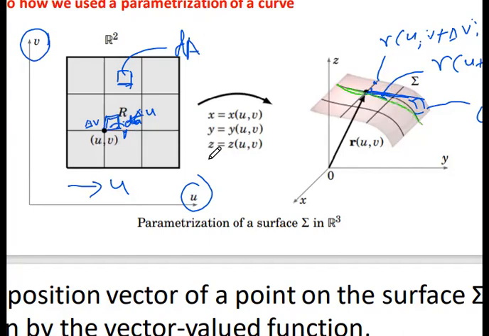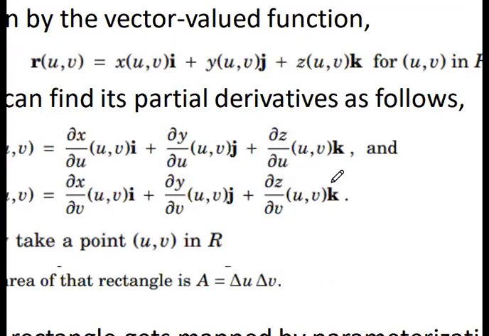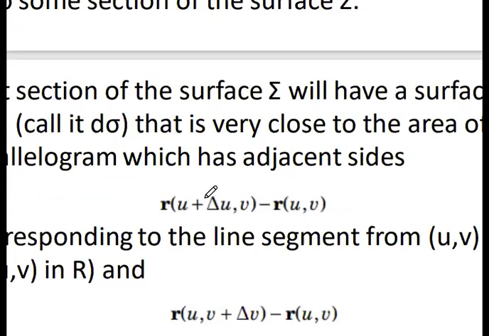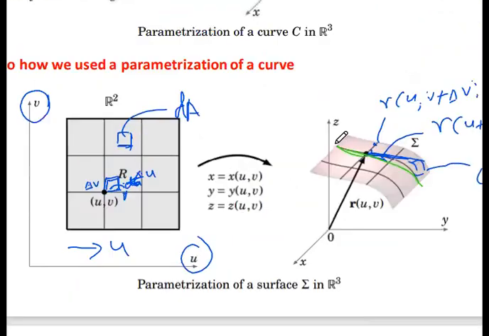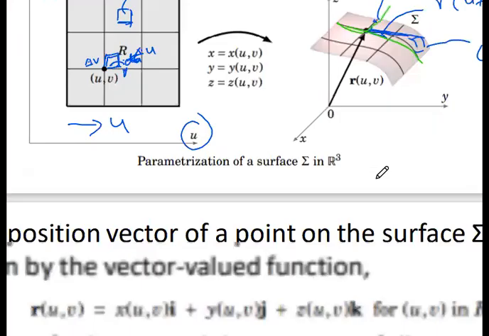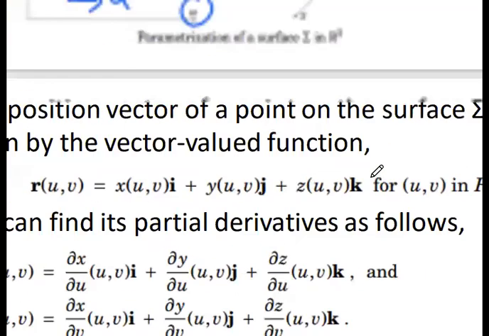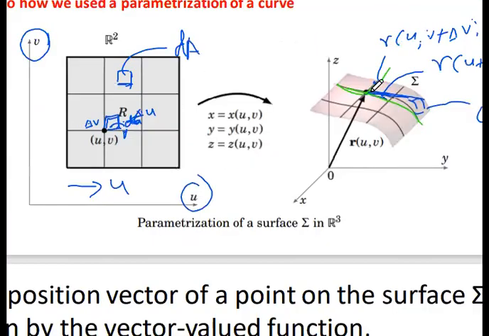So that vector would be the tangent, here this one. Similarly, you can get the tangent vector to this curve here by taking the difference, this one minus this. So you have these two tangent vectors.